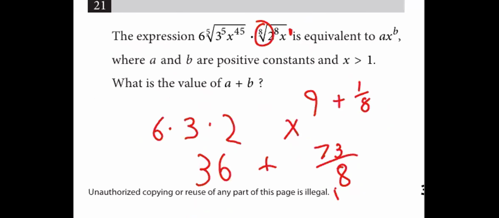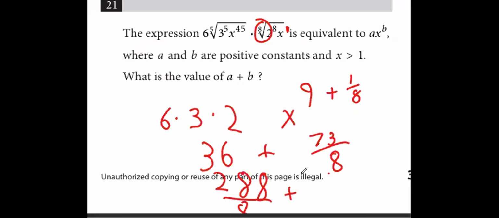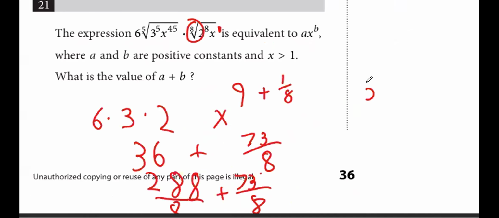So 36 plus 73 over 8. Well, we also have to find a common denominator for 36. So we just take 36 and multiply by 8 to get 288 over 8, plus 73 over 8. 288 plus 73 is going to be 361 over 8.